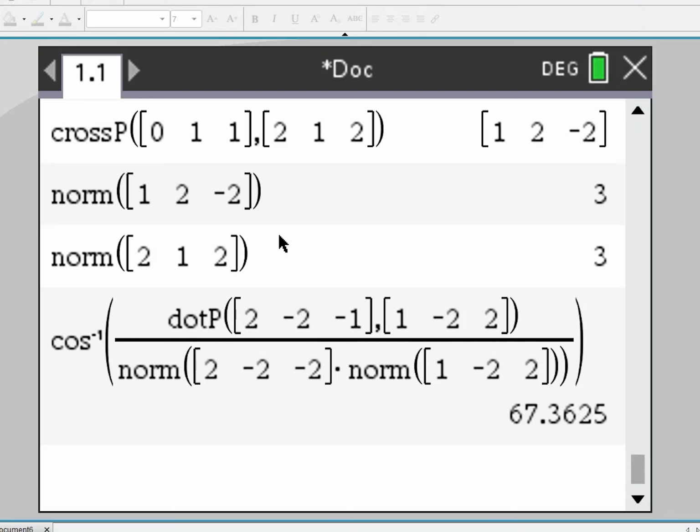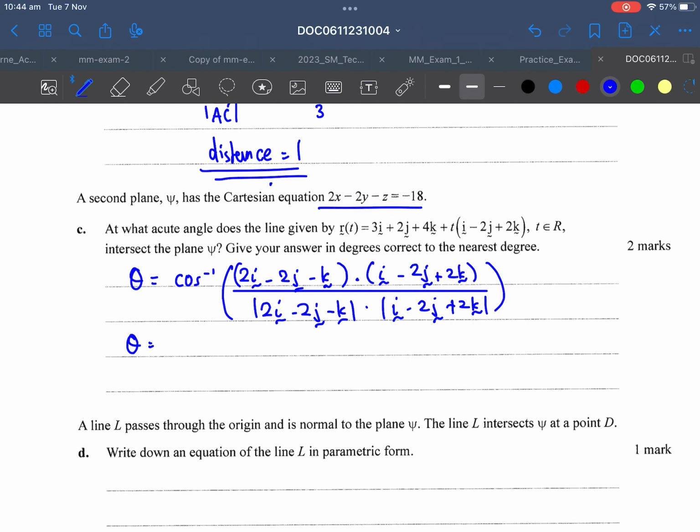Okay, so our angle is going to be 67.36. Now, this is not the acute angle, so for that we just do 90 take away 67.36. So we'll get 22.63, which to the nearest degree is 23.